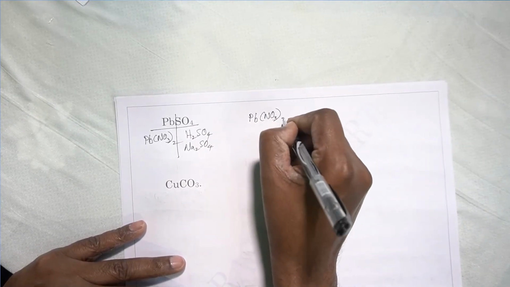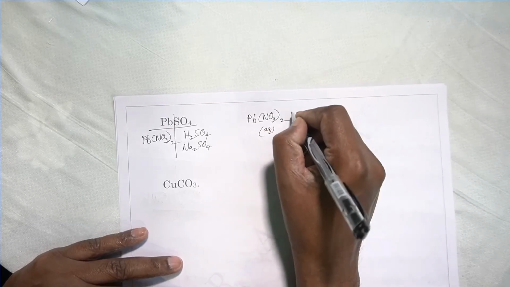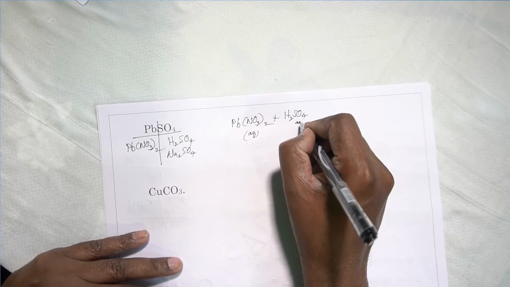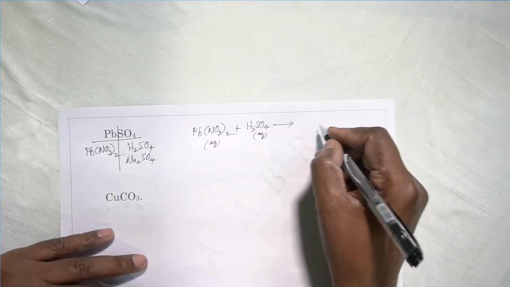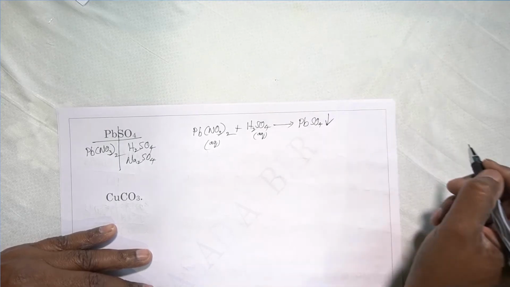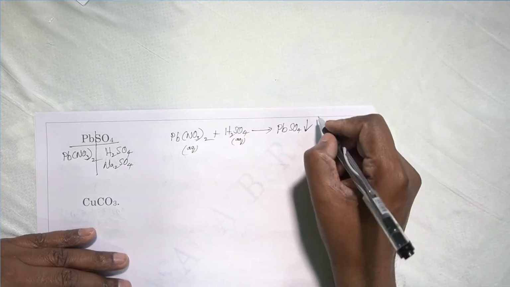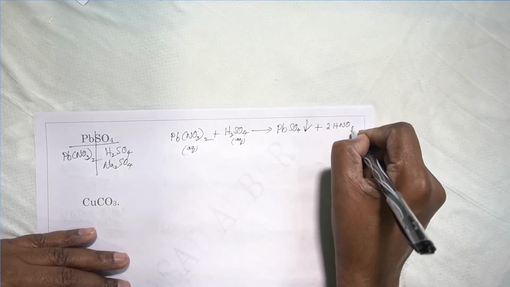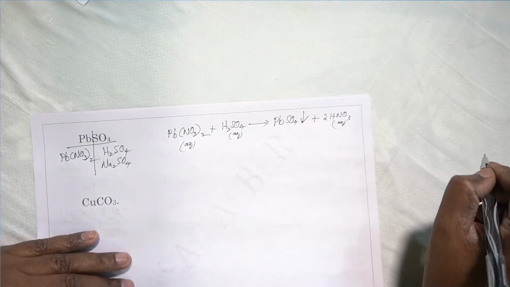Pb(NO3)2, which is aqueous, plus H2SO4, which is diluted or aqueous, you can say. So you get PbSO4 insoluble salt of lead sulfate plus 2HNO3 nitric acid aqueous, right?